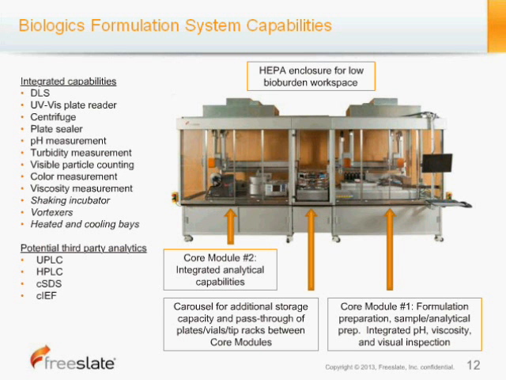In addition to that, we have shaking incubators, vortexers, and heaters. We also can use our systems to run and pull data from UPLCs, HPLCs, CSCS, and CIEF. And so we're going to move on now to some more specifics of what these robots look like.